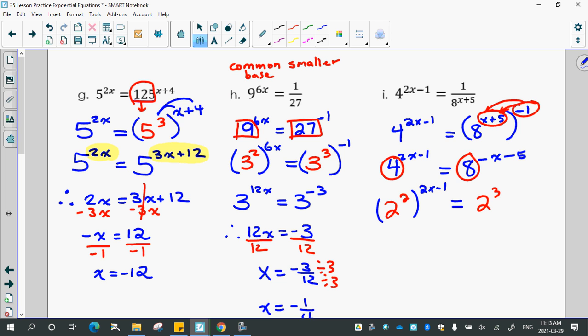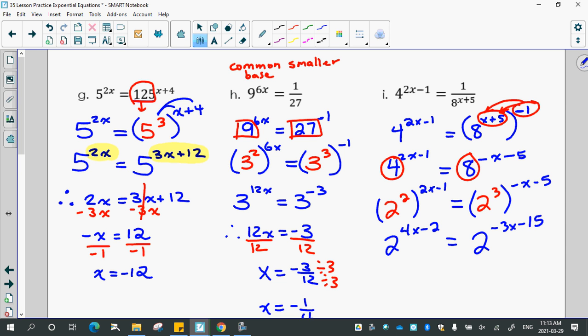Yep. Brackets, negative x minus 1. Excellent. But if you distribute, what should your next step look like, Jack? It should be 2 to the power of 4x minus 2. Yes. Equals 2 to the power of negative 3x minus 15. Minus 15, good. Be careful there.